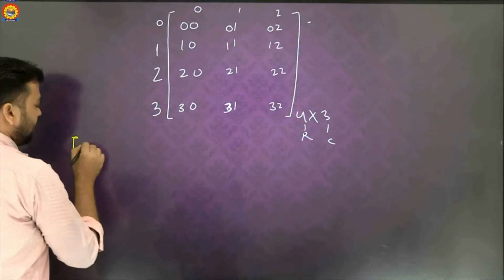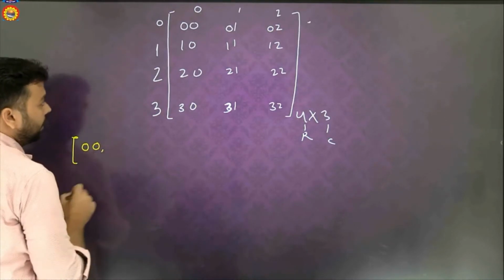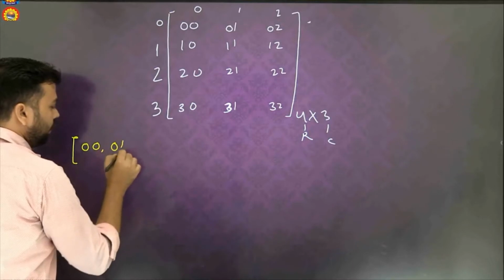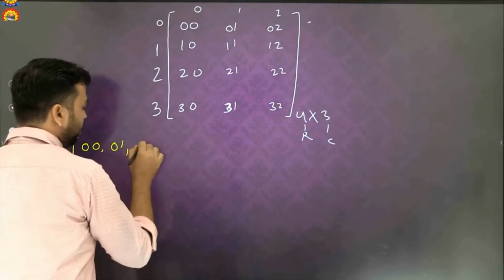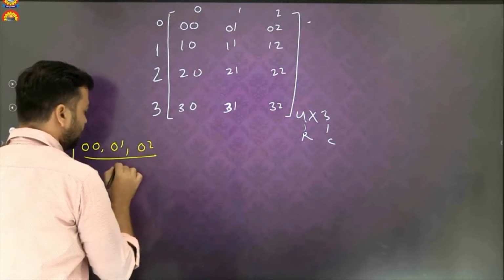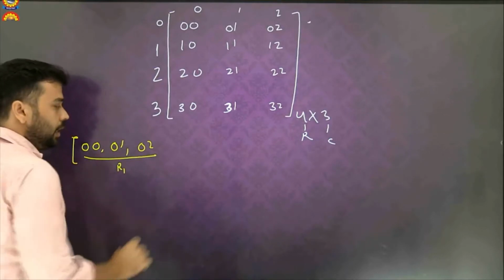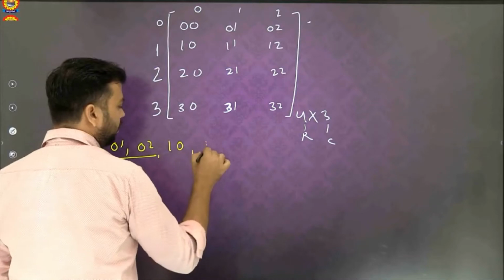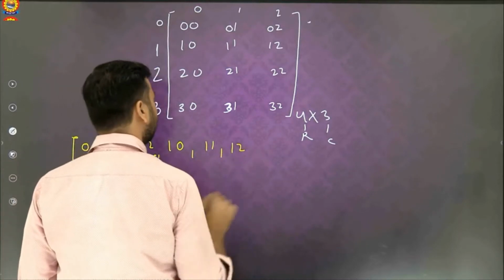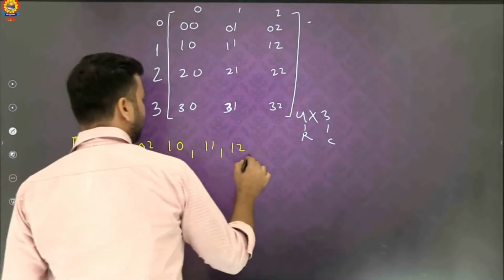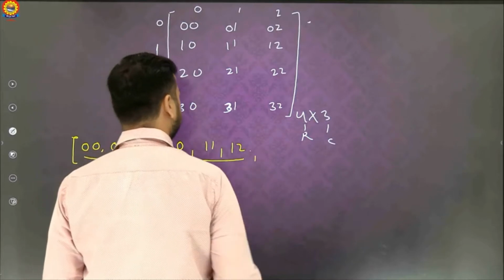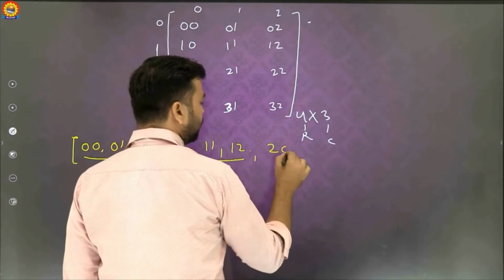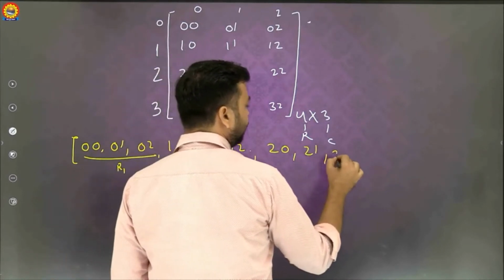What is the first element? 0,0, then 0,1, then 0,2. That is row 0.